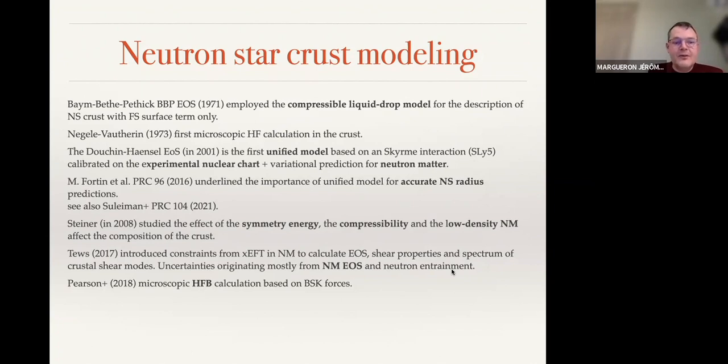Then in 1973, there are Negele and Vautherin, who performed the first microscopic Hartree-Fock calculation for the inner crust.